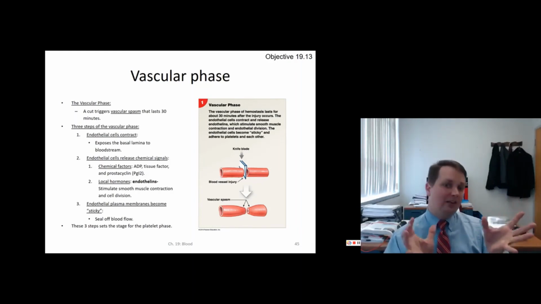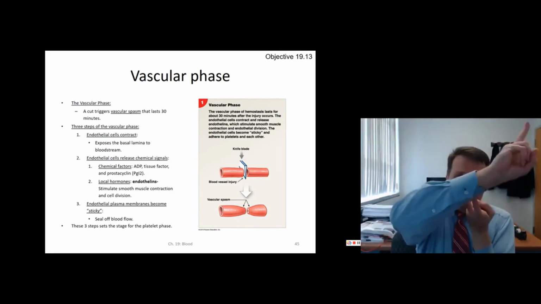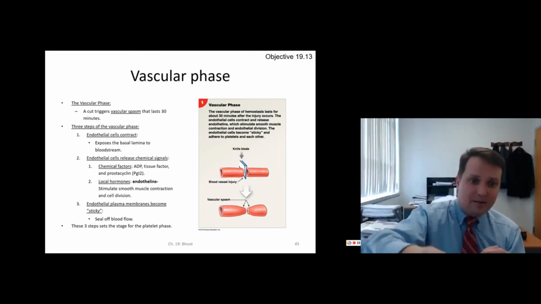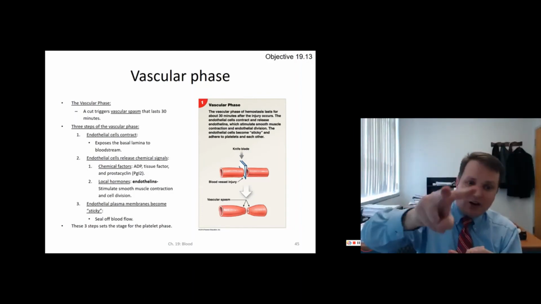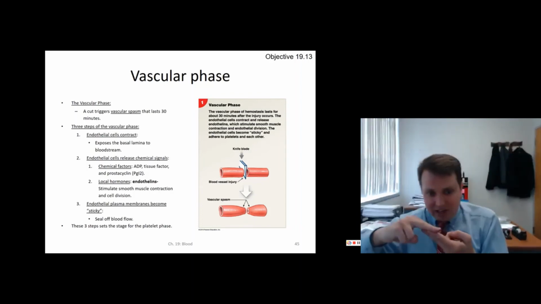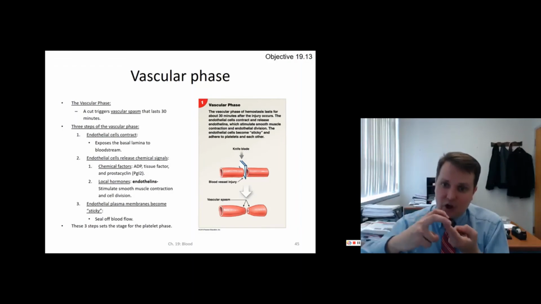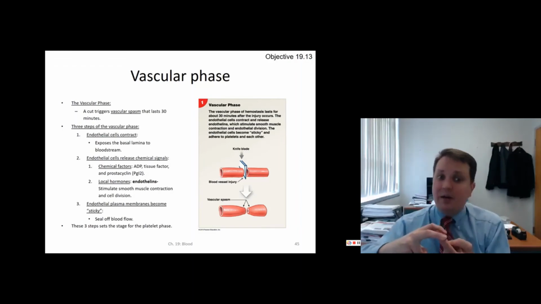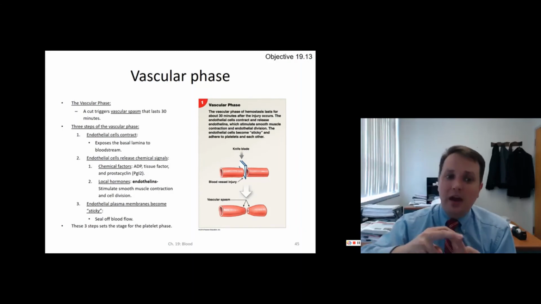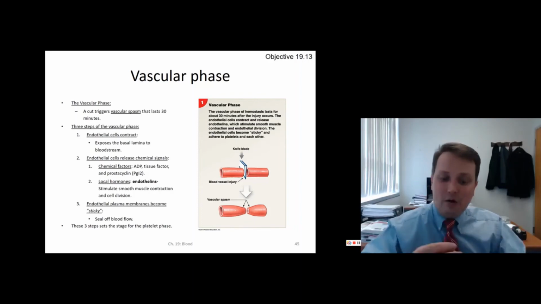It's called von Willebrand factor, and it makes like a hook for a platelet to come in, and when the platelet, which has been activated by ADP, tissue factors, and PGI2, comes in, it will be snagged by the sticky endothelium, the von Willebrand factor, and stick to the damaged surfaces. So will the exposed basal lamina do the same thing. So this all sets the stage for platelet phase.